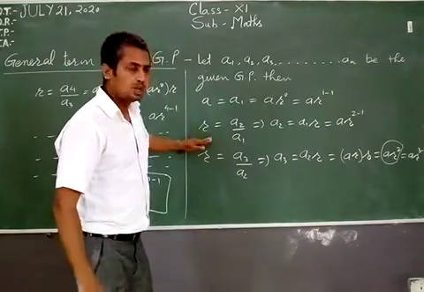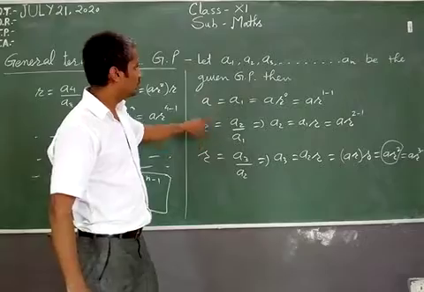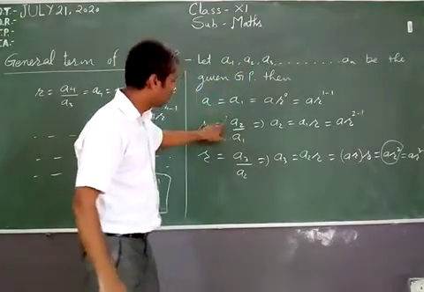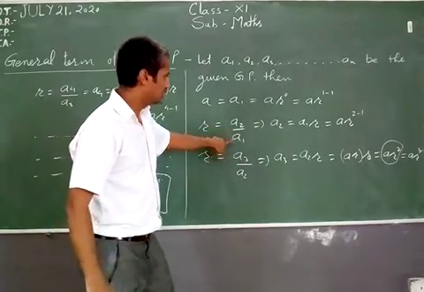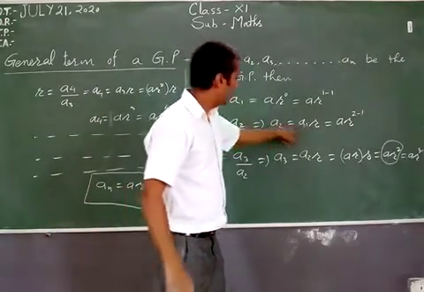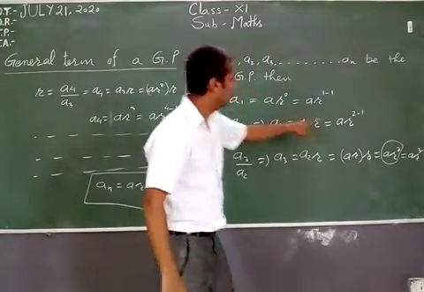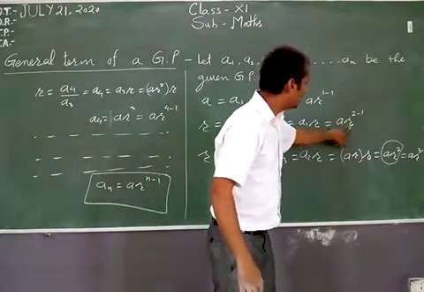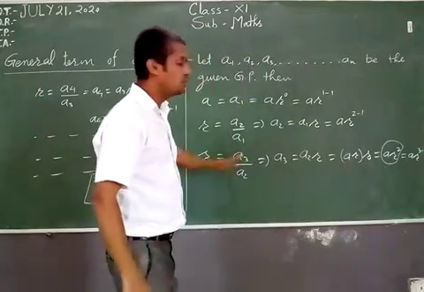R is the common ratio of the given GP. To find the common ratio, we divide the second term by the first term. We are doing the same: A2 divided by A1. The value of A2 is A1 into R, and A1 equals A, so we can substitute. R power 1 we can write as R power 2 minus 1.